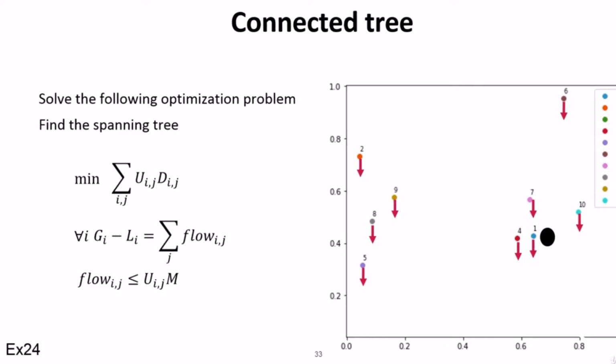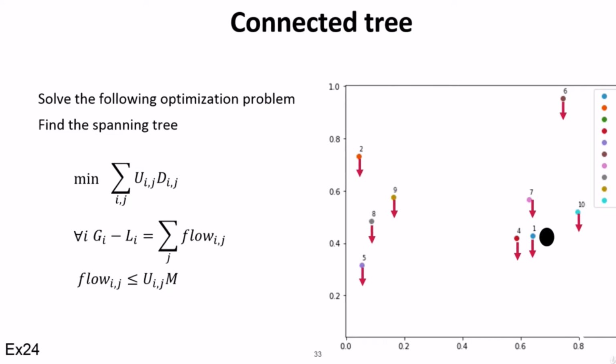In order to do so, let me think about what kind of variables I need. First of all, which node should be connected to each other? Then definitely it will be a binary variable. Let's name it uij, and dij is the distance between node i and j.